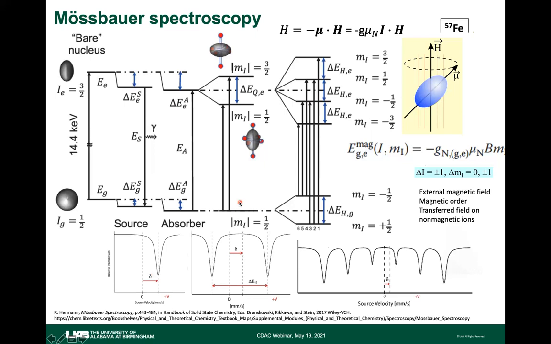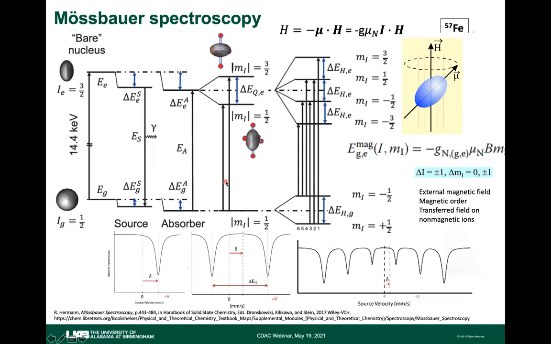And then in the case of quadrupole splitting, when you have a nuclear spin quantum number larger than one half, you have non-spherical nuclei. In that case, in the presence of an electric field, you have quadrupole splitting.